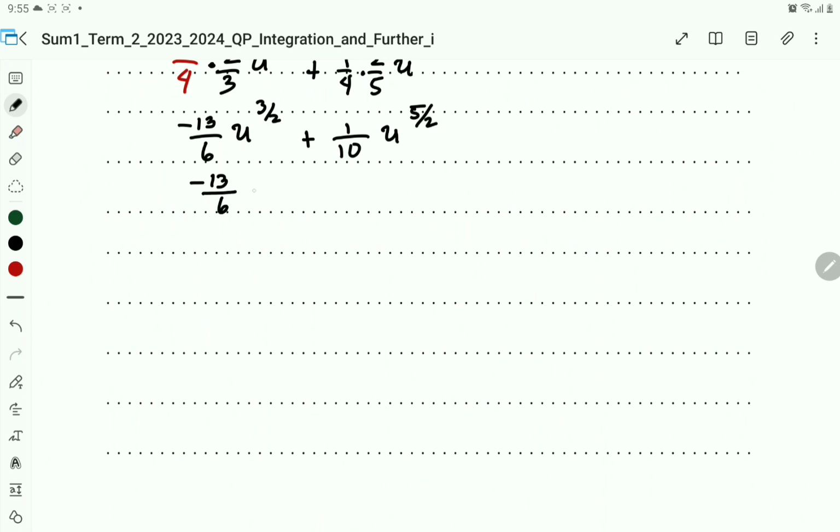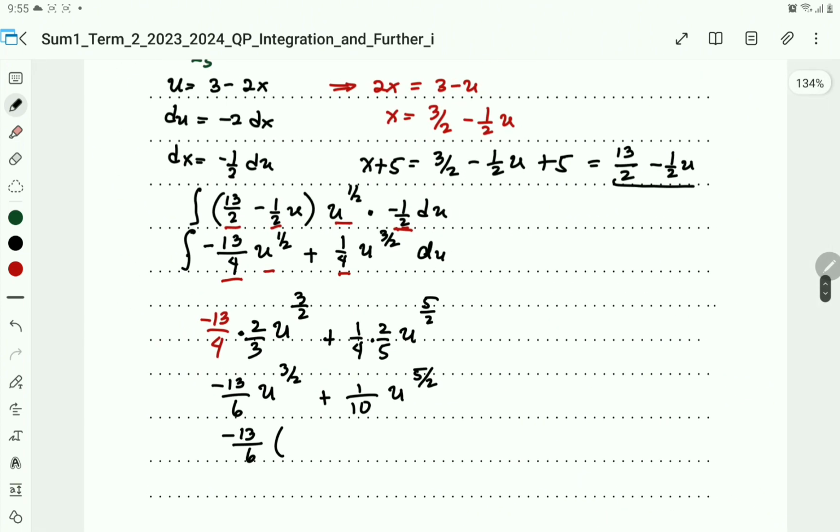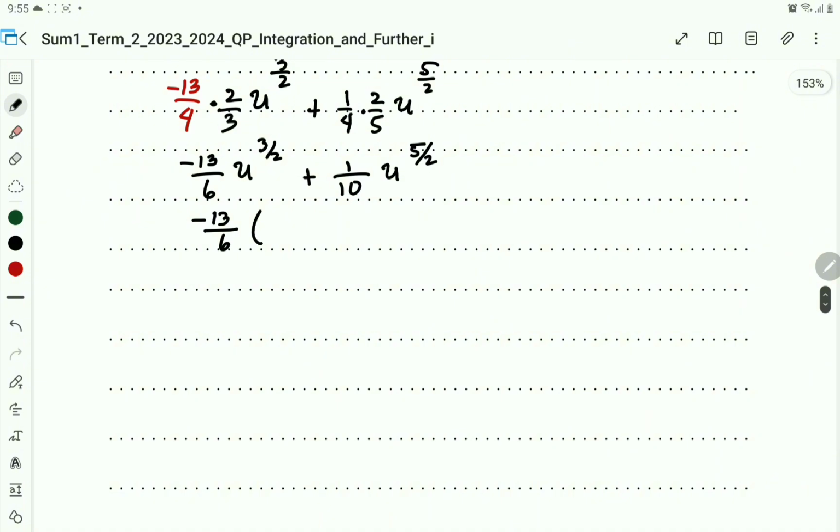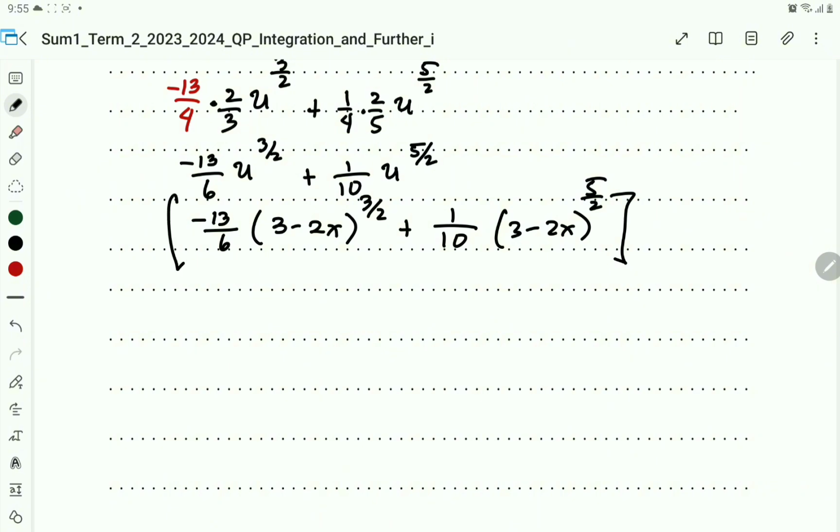Negative 13 over 6, 3 minus 2x raised to 3 over 2, plus 1 over 10, 3 minus 2x raised to 5 over 2, from, what was it?